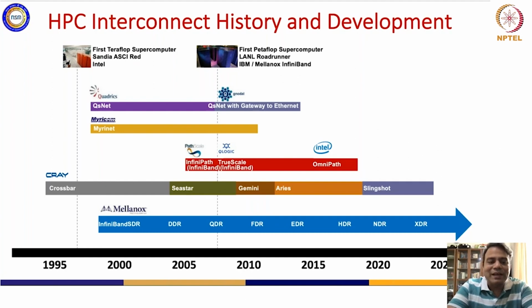Then there was an explosion of multiple standards and technologies by the end of the 1990s. Towards 1999 and 2000, there were companies like Quadrics, Myricom, and Mellanox, which standardized high performance interconnect for HPC and HPC clusters. Actually, there was no AI back then.